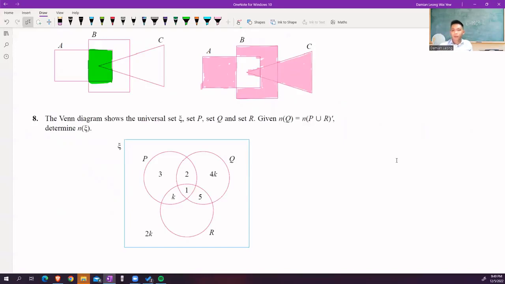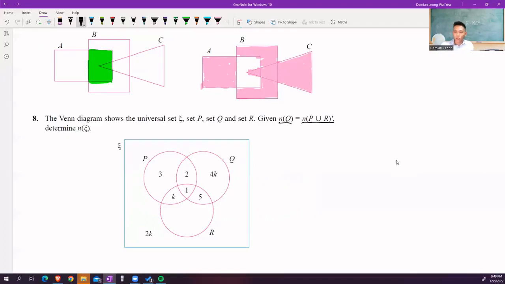So question 8. Venn diagram shows universal set P, set Q, and set R. Given n(Q) is n bracket P union R complement. Determine n of the universal set. n means number of elements inside. So number of elements in set Q equals number of elements in set P union R bracket complement.